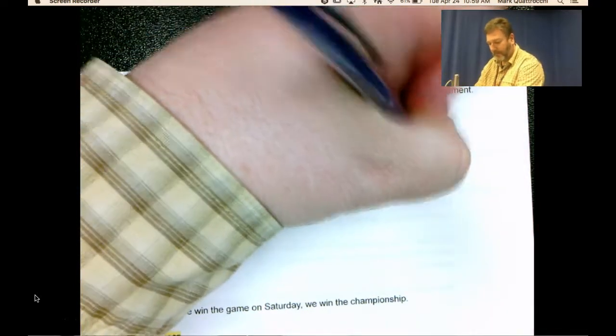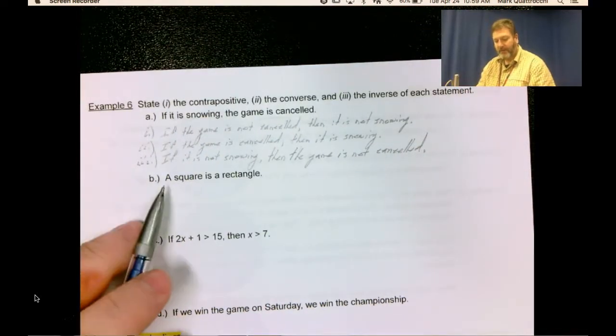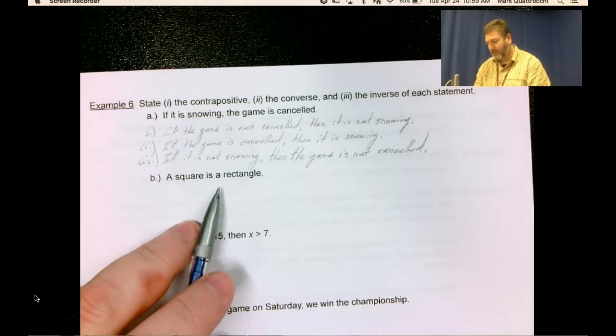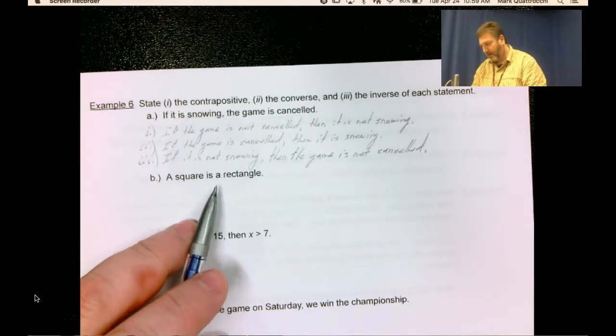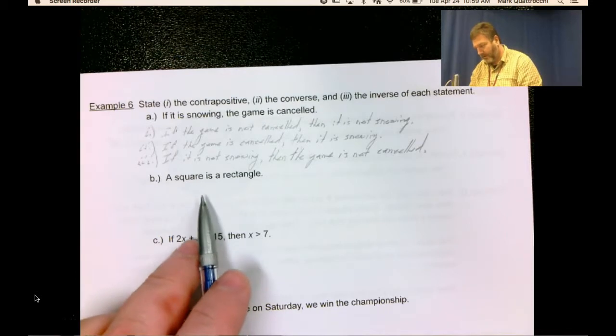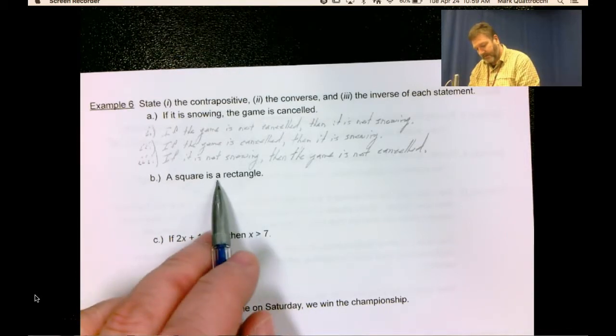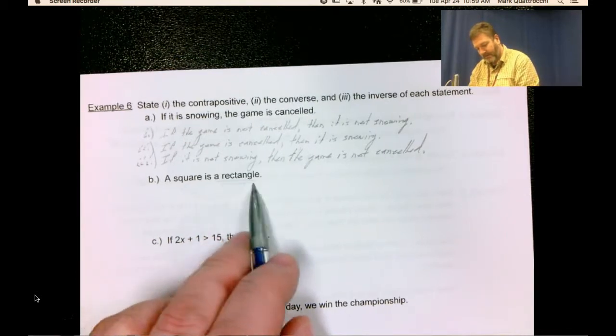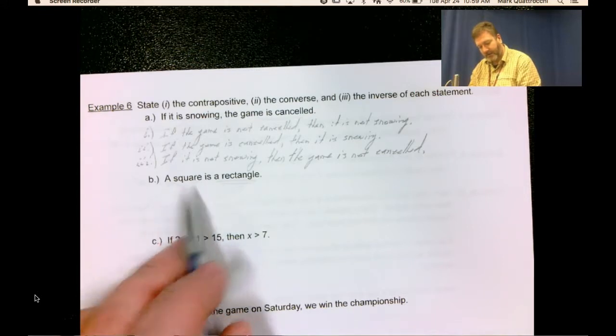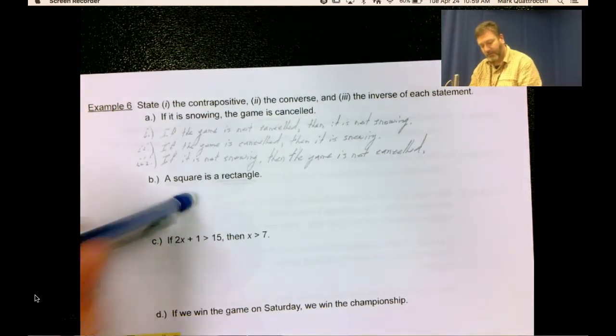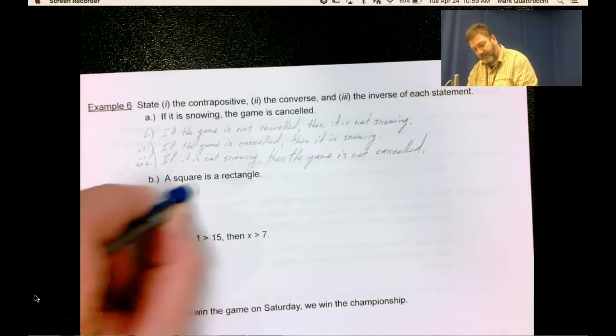Okay. That's part A. Part B. A square is a rectangle. What are we concluding here? We're concluding that it's a rectangle. Here's my hypothesis. Sorry, one line under the hypothesis.